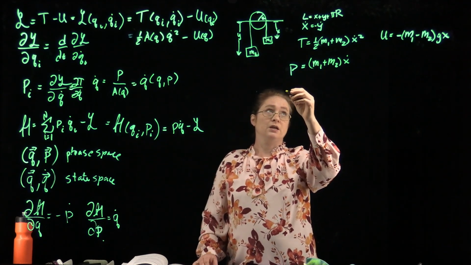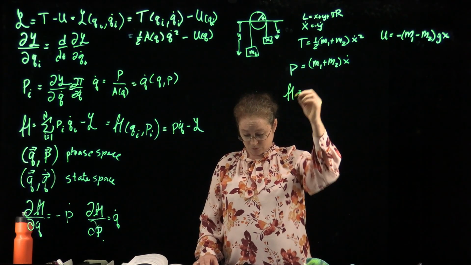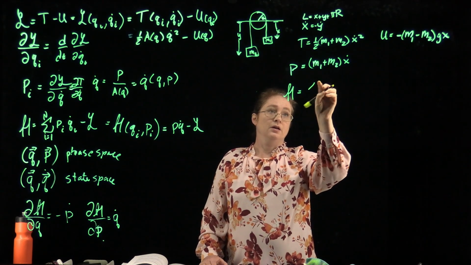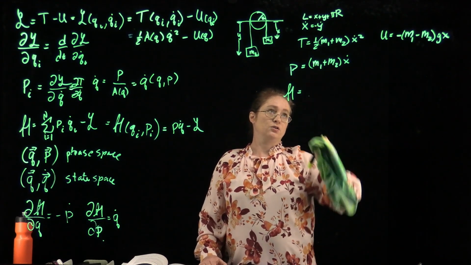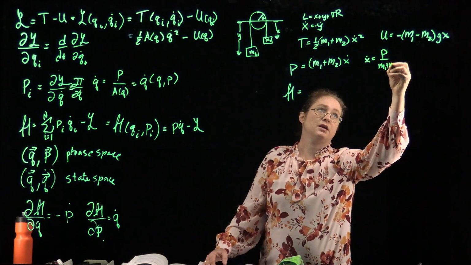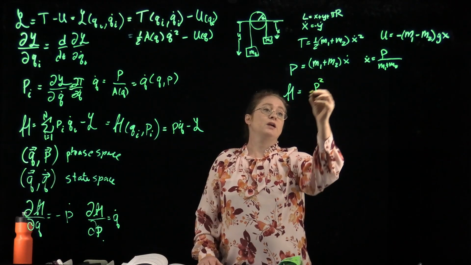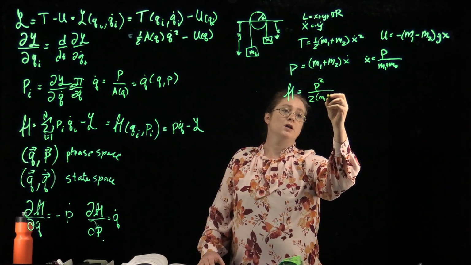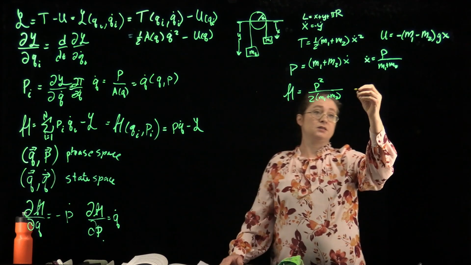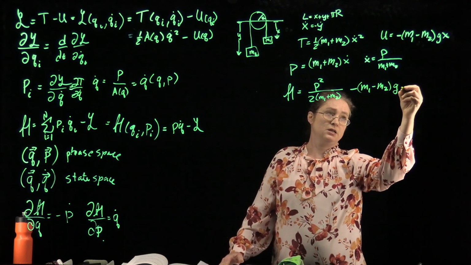And then we can rewrite the Hamiltonian as P squared. So I have x dot equals P over m1 plus m2. So here I have P squared over 2 m1 plus m2, and then minus m1 minus m2 gx.